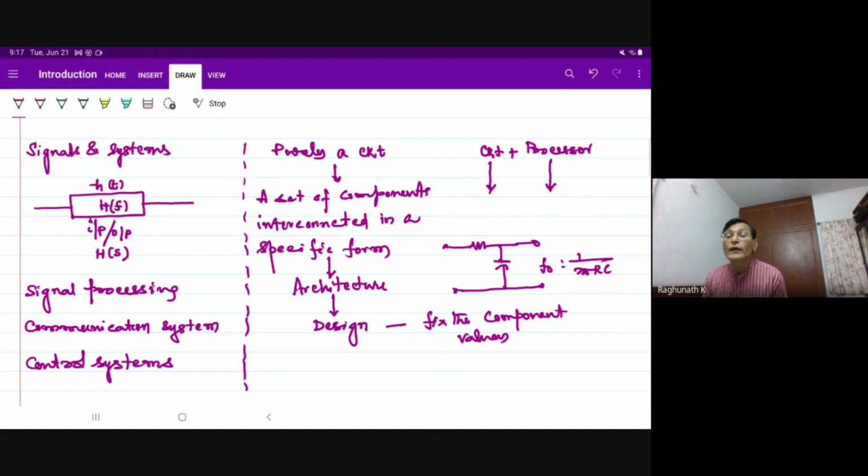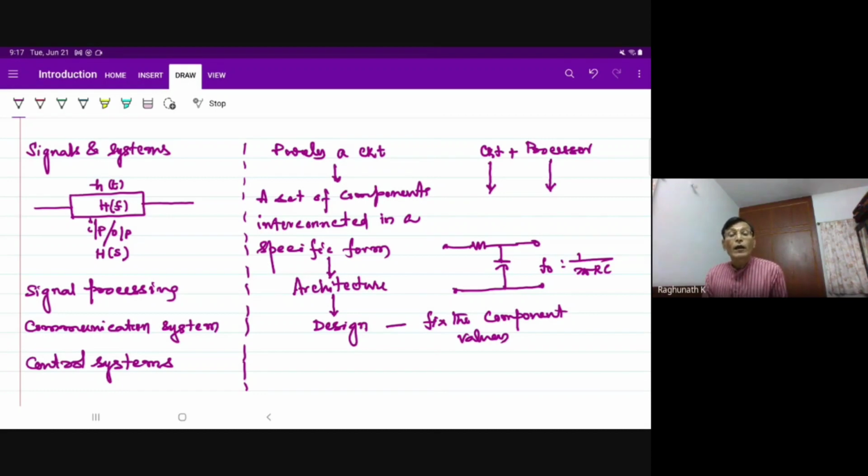For every capacitor value that you select from the board, corresponding resistance is to be fixed. Or for every resistor that you basically pick, you have to substitute the value of the resistance and calculate the capacitance value and then put the capacitor.